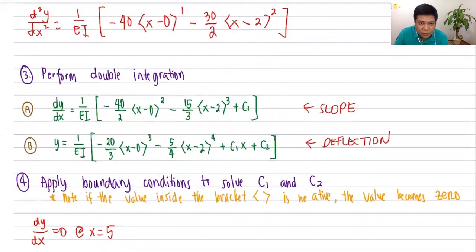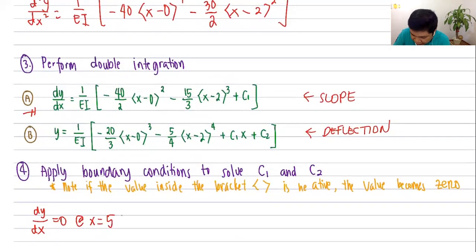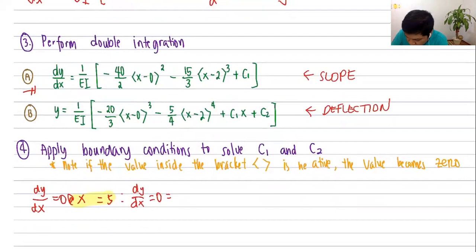So from equation A, since I'm using that, dy over dx is equal to 0, I'll just copy equation A, but I'll use x is equal to 5. So that's 1 over EI times negative 40 all over 2.